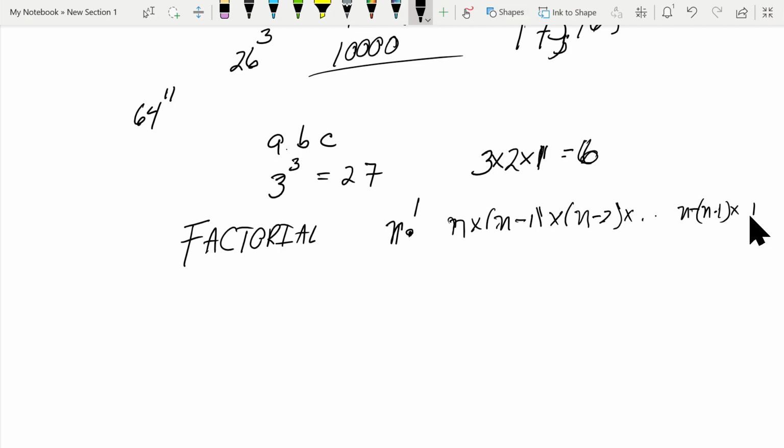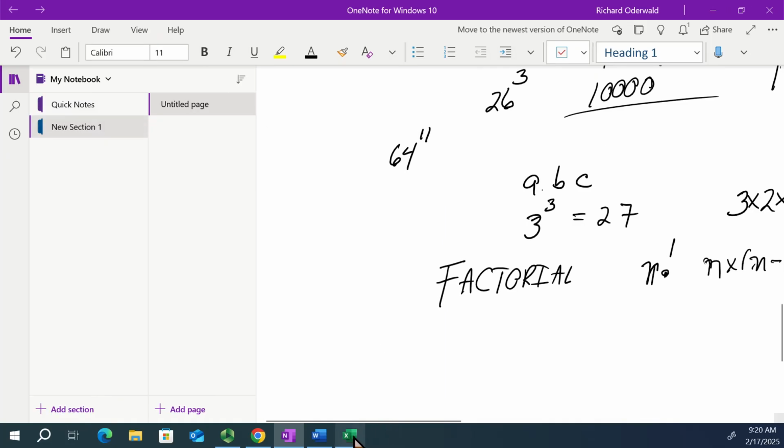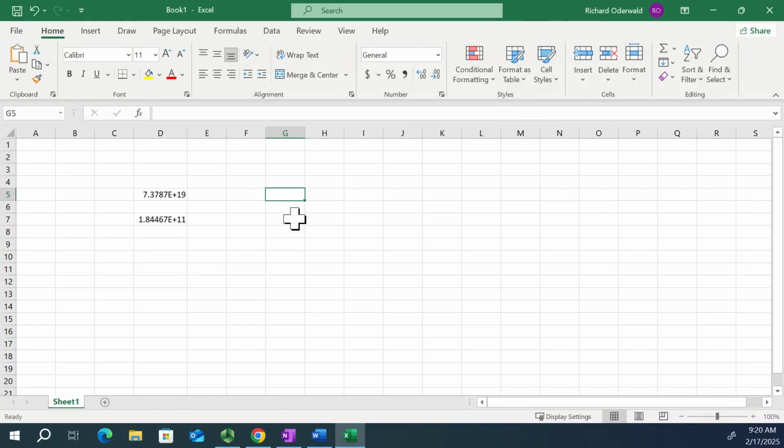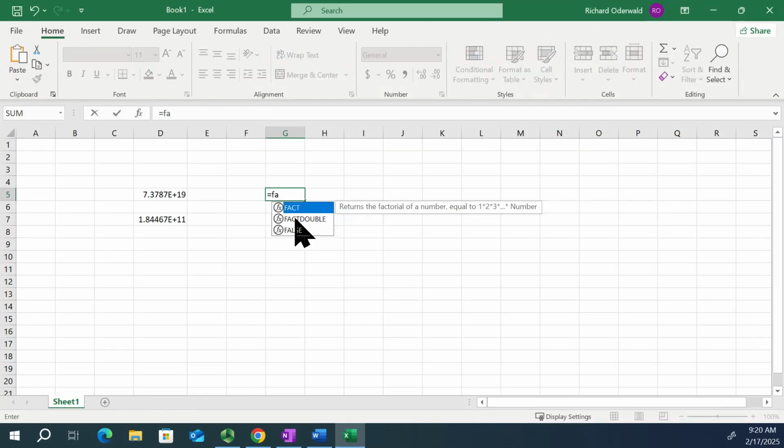This is on a calculator. If you look on your calculator, there is a factorial, the exclamation mark. Also in Excel, this is FACT, factorial.